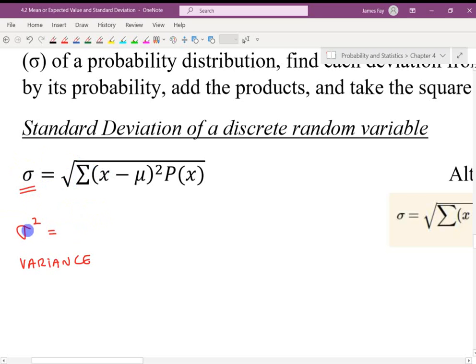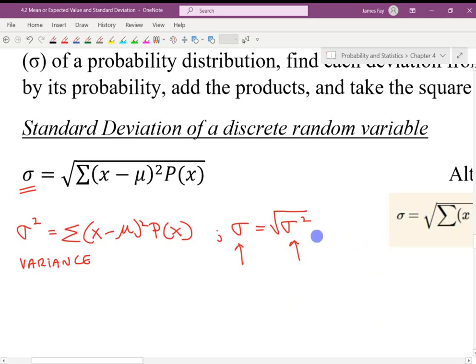Standard deviation and variance are obviously related, so they're going to say the sum of x minus mu squared times p of x. They'll give you that, and then they'll put a comma or a semicolon and say sigma is equal to the square root of sigma squared, or standard deviation is equal to the square root of the variance. Does that make sense to everybody?